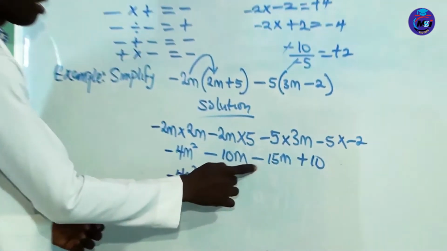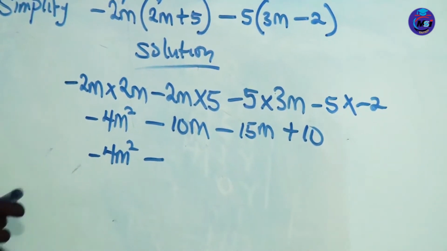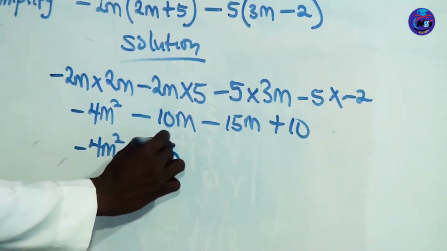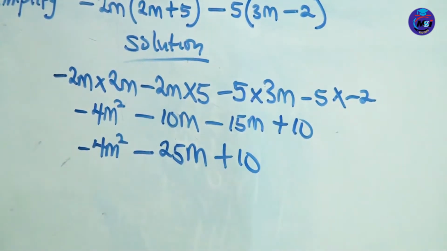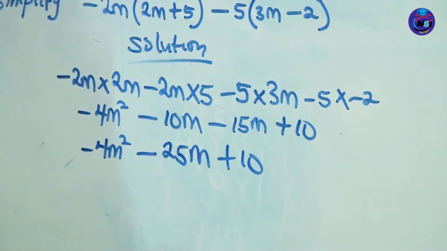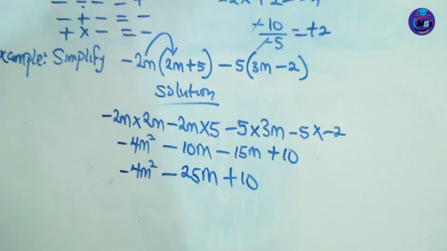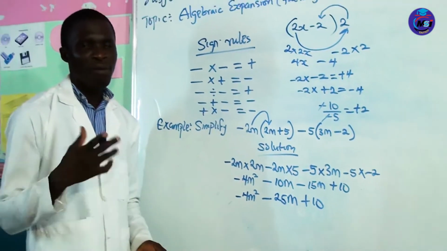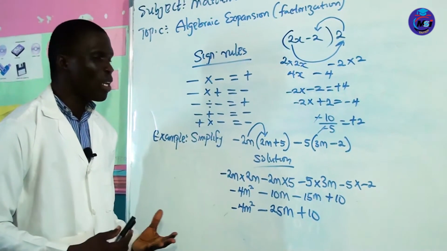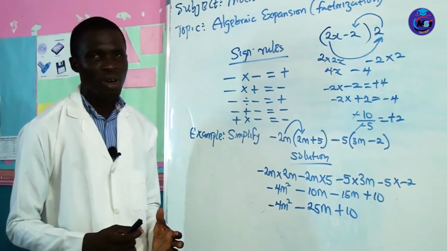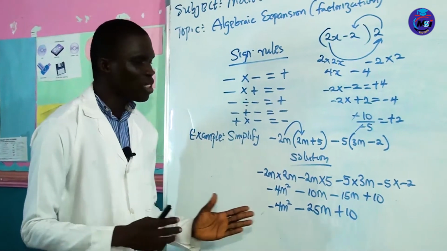So 10 and 15 will give us 25m plus 10. So this will be our answer, and we call it algebraic expansion. Okay, I'm going to give you another example, or let me give you the simple method of opening this bracket.